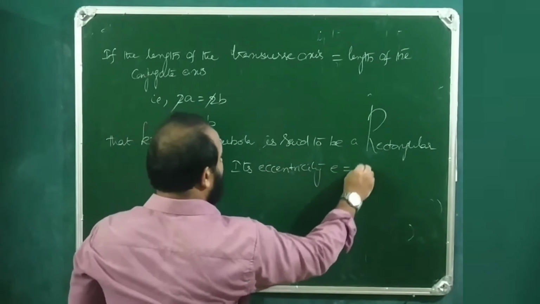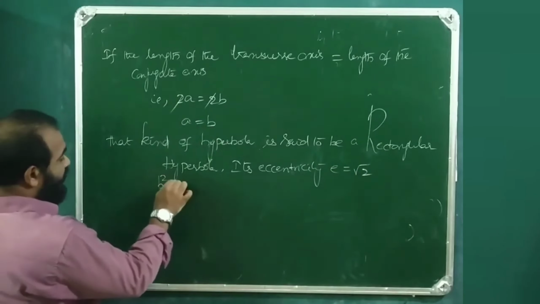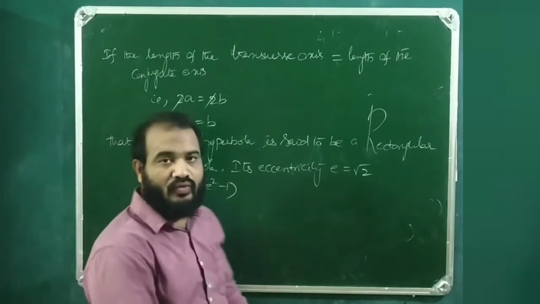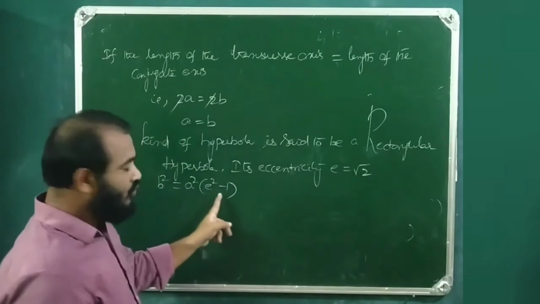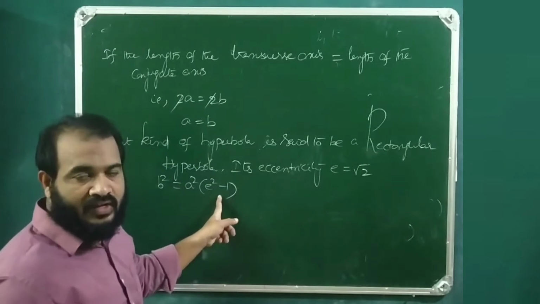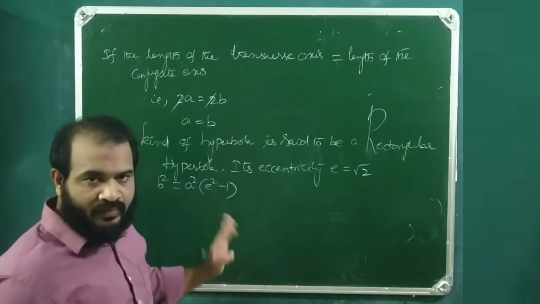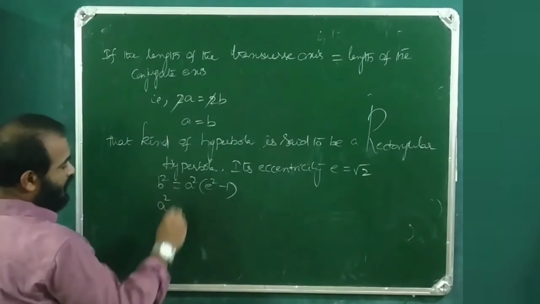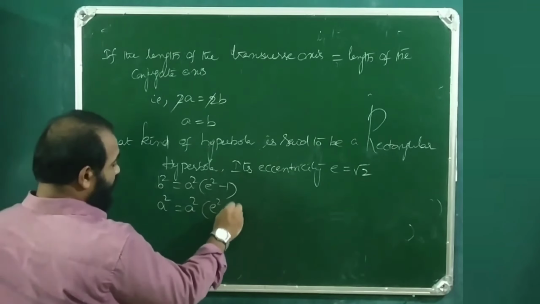e equals root 2, because b square equals a square into e square minus 1. For the hyperbola x square by a square minus y square by b square equals 1, the relation among a, b and e is b square equals a square into e square minus 1. If a equals b, then a square equals a square into e square minus 1.